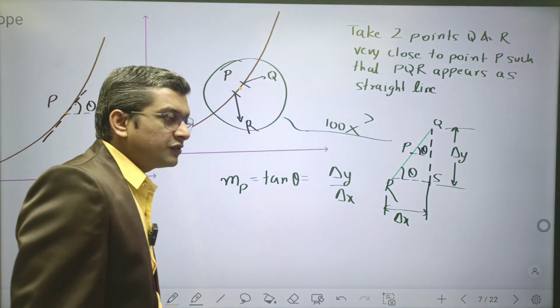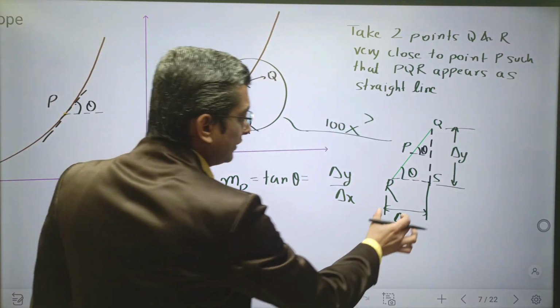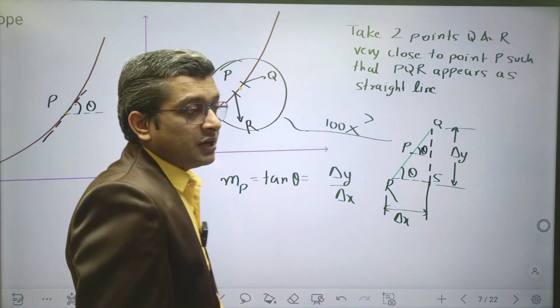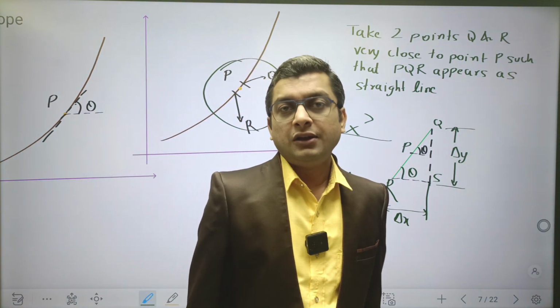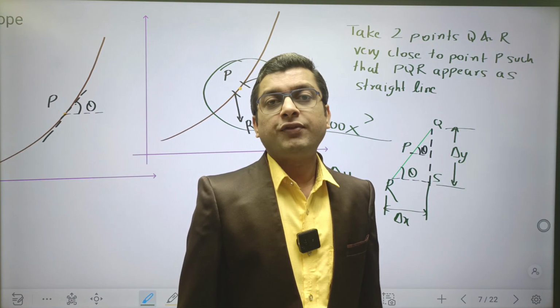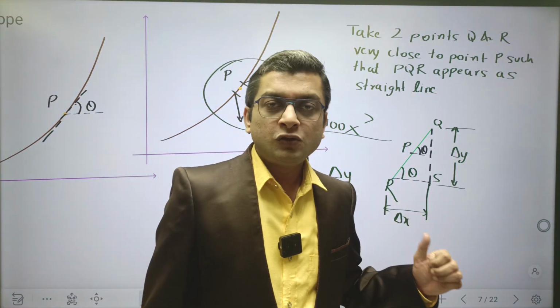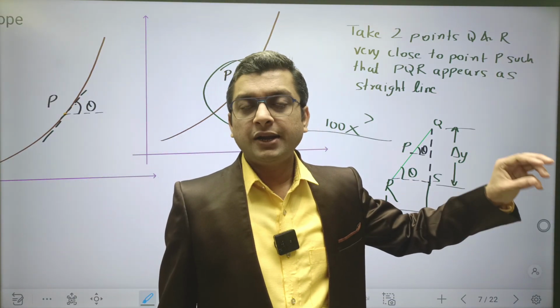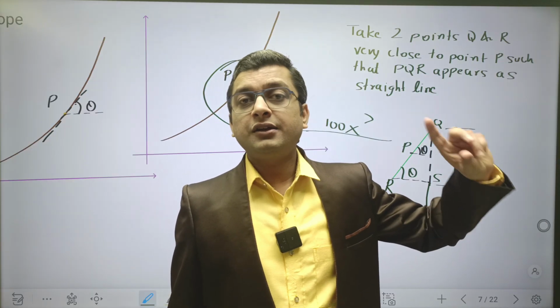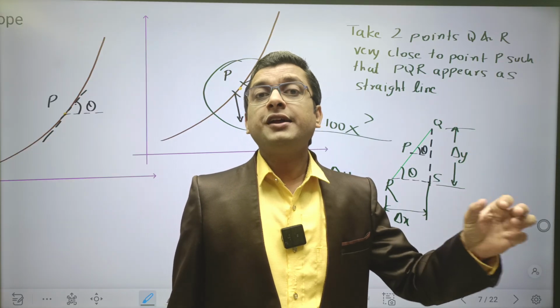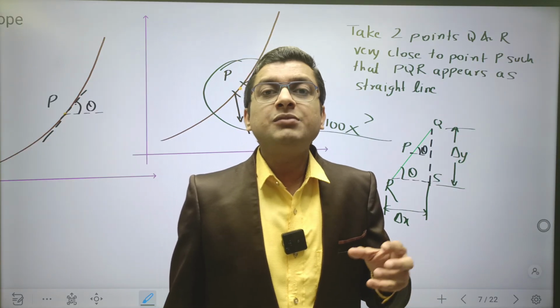But what is the condition here, dear students? This delta x does not have a finite value, and this delta y does not have a finite value. As we have seen earlier, in the case of average slope, the average slope is given by delta y by delta x, but there delta y and delta x have finite, measurable values.